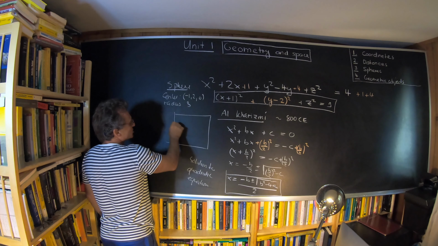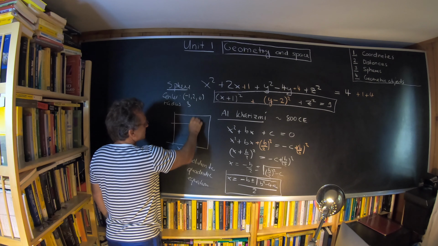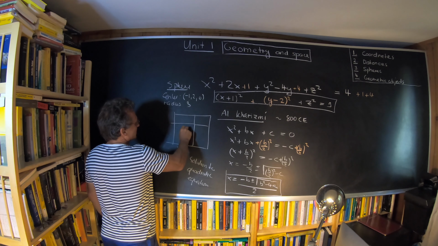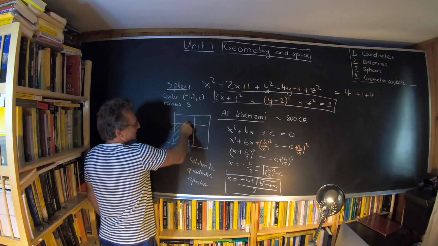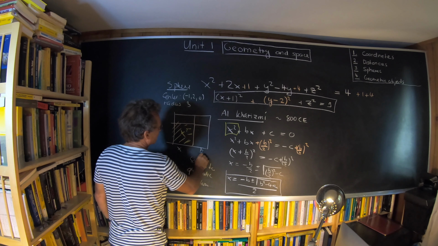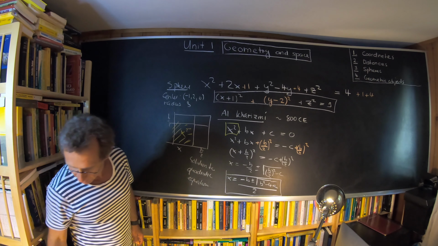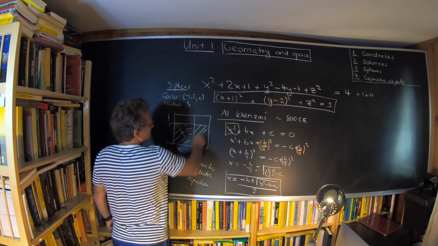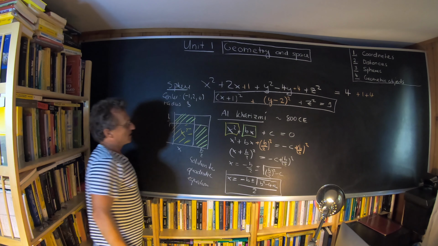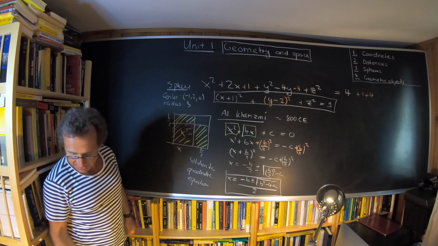He thought about this geometrically. So if you have x here, the area of that, x squared, is this area here, and then bx, if you take here b half, so what we get here is b half x plus b half x, and the whole thing should then be minus c.